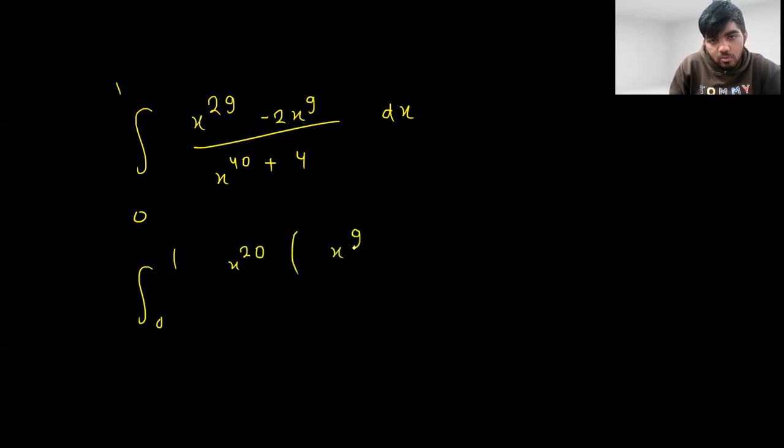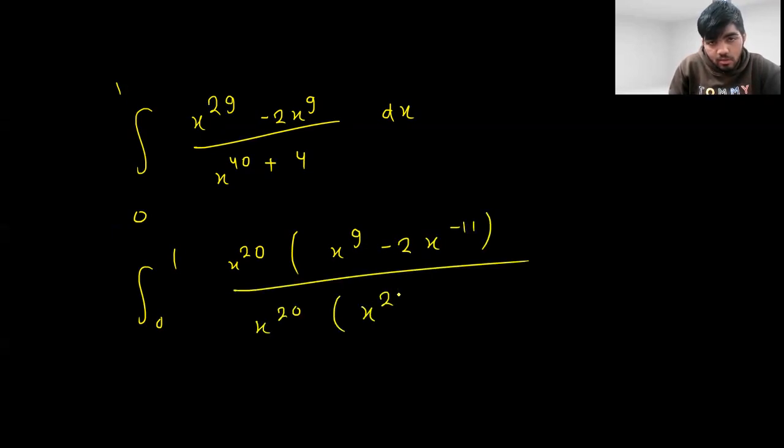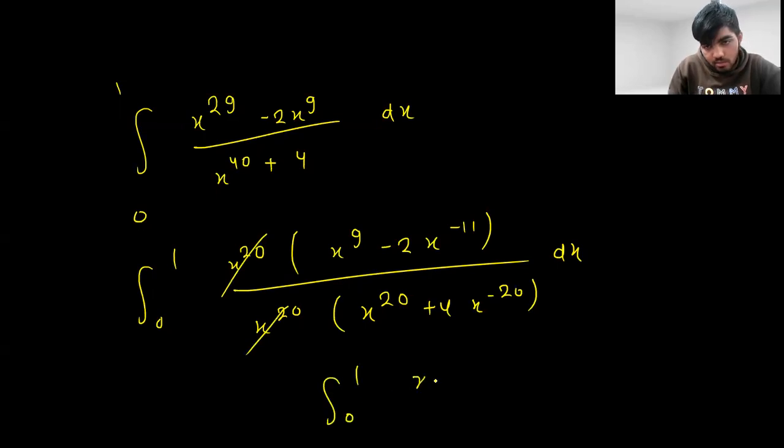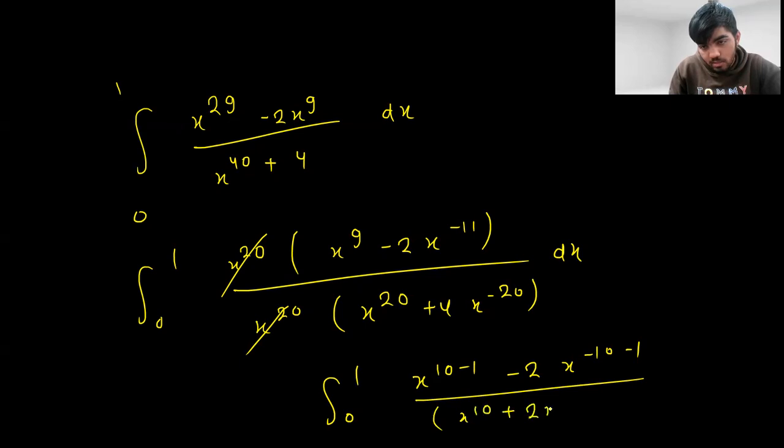This will become x^9 minus 2 times x^(−11), and x^20 common in the denominator gives x^20 plus 4 times x^(−20) dx. You can rewrite it this way: (x^(10−1) − 2 times x^(−10−1)) divided by ((x^10 + 2 times x^(−10))^2 − 4) dx.